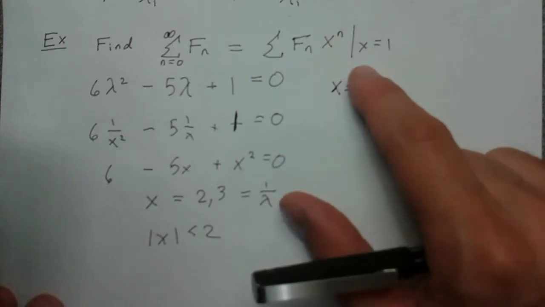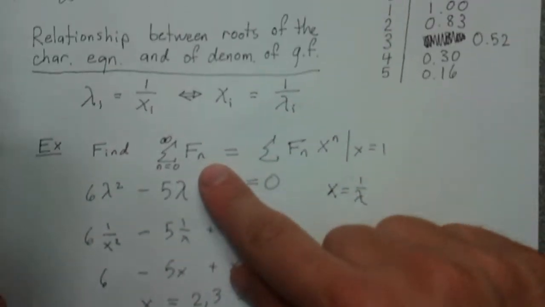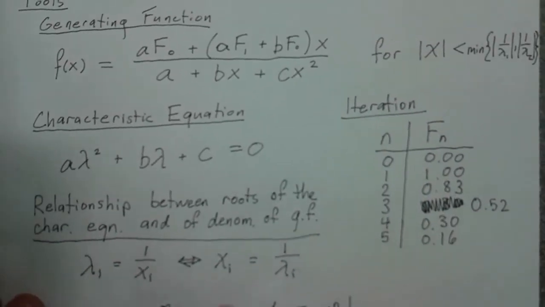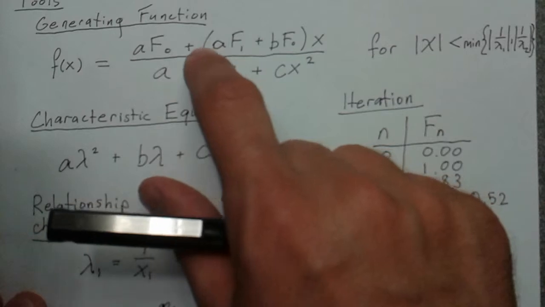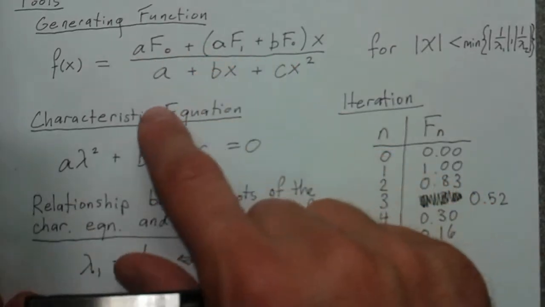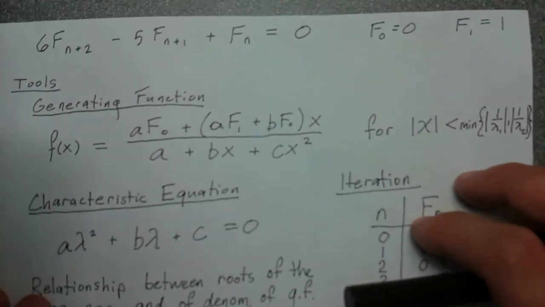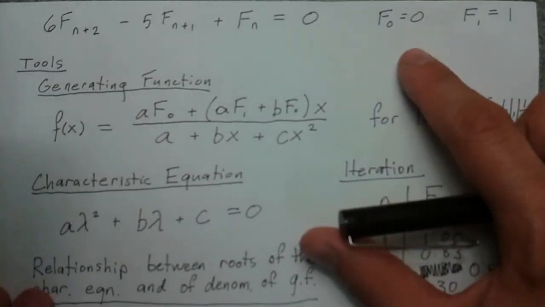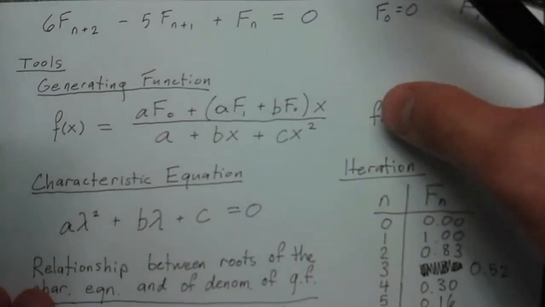So if you want to calculate this, all you have to do is plug it into the generating function here. You just have to plug in the a, b, and c, the f0 and the f1. Up here, if you recall, I said f0 is 0, f1 is 1, so I'm just going to take this equation and put the values in.